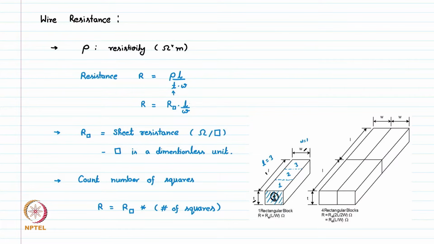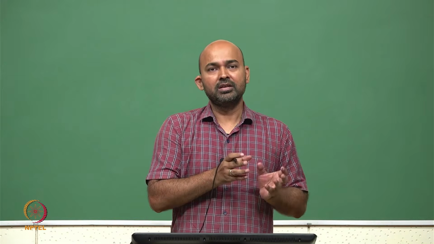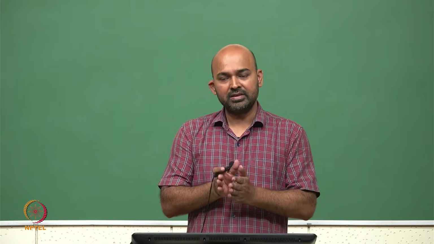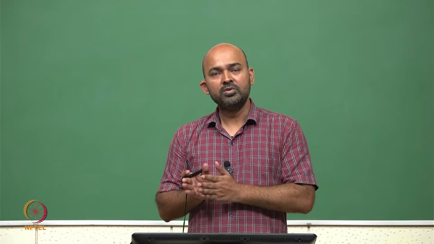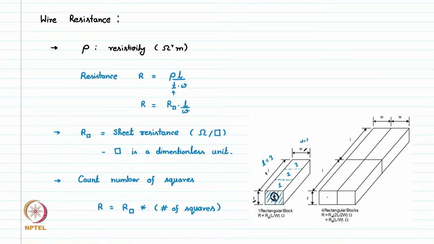However, sometimes we want to change the resistance of the wire a little bit higher or lower. That we can do by simply adding wires in parallel, which reduces the resistance, or in series, which increases the resistance. For example, we have wire 1.